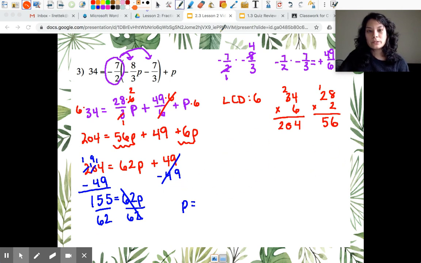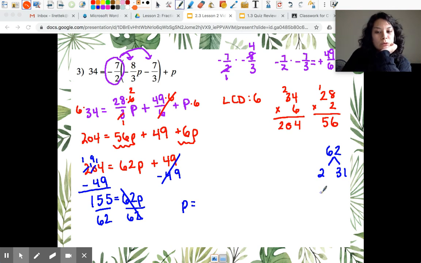Let's play around with some numbers for a second. I'm going to break this down into its multiples and see what I get. So I can break this down into 2 and 31. And 31 is prime. So that means that I could try 31, since I know 2 won't work.